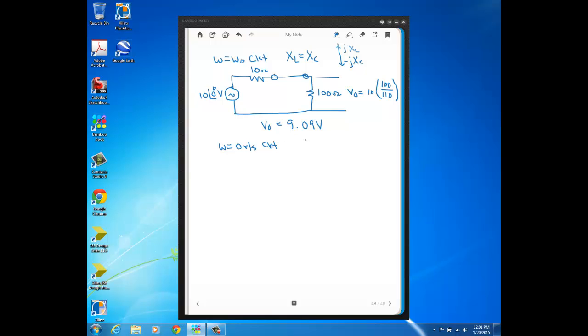At omega equal to 0, your capacitor has infinite ohms, because you'd have 1 over omega C where omega is 0, so 1 over 0 is infinity, and XL is 0 ohms. So the capacitor is acting like an open, and the inductor is acting like a short. So your circuit would look like this.